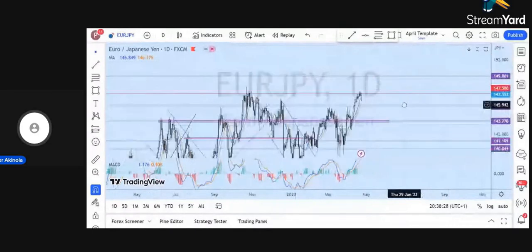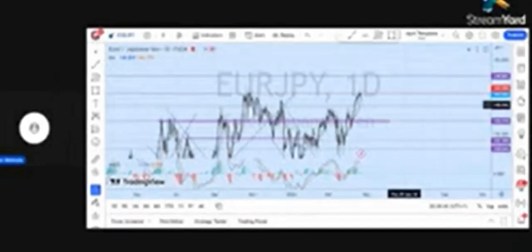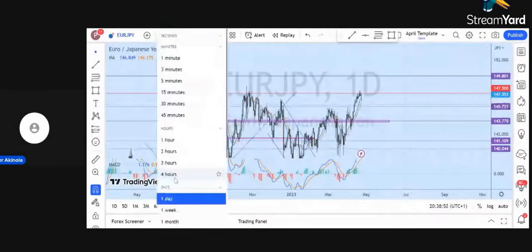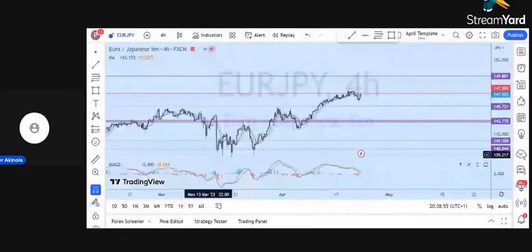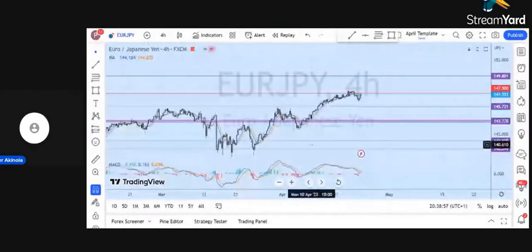This is a very strong bullish momentum, and you can see that the last trading day of the week ended with a bullish pin bar, telling us that a bearish movement is not good to go.